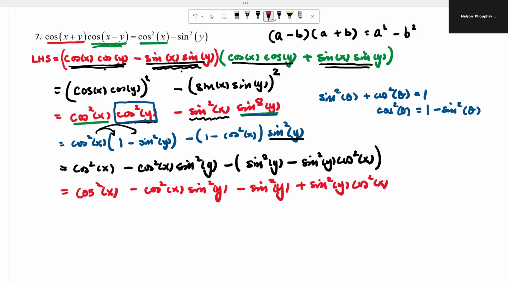Okay. This one and this one cancel. And I have left cosine squared x minus sine squared y, which is equal to the right-hand side. Okay. So I'm done.